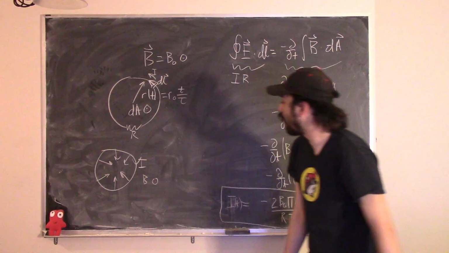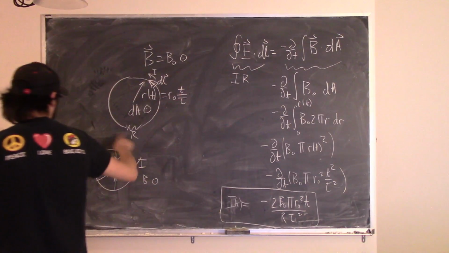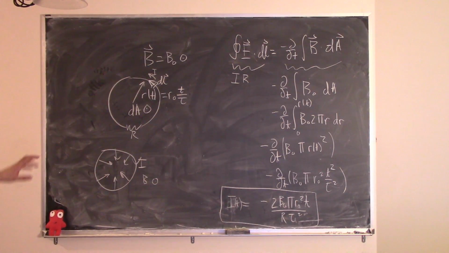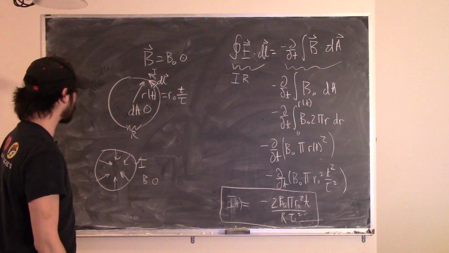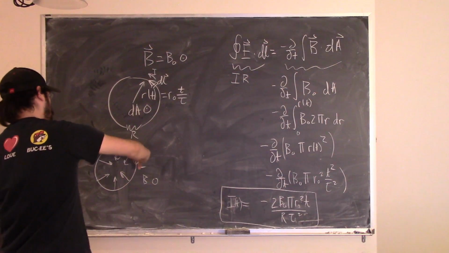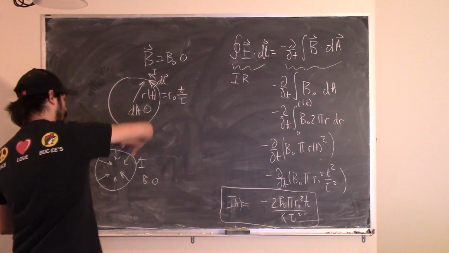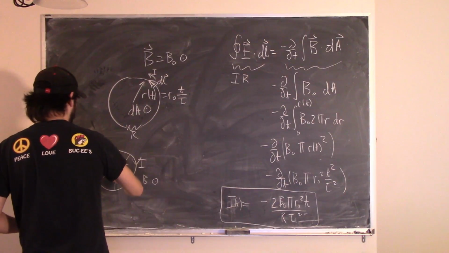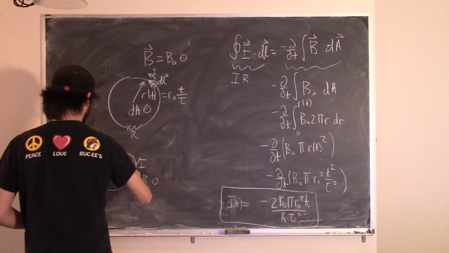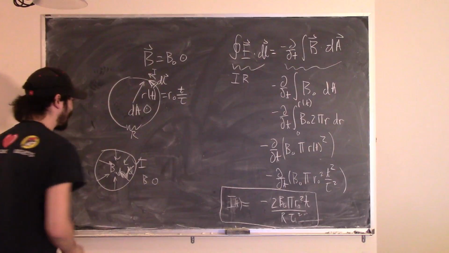We can look at this the other way as well. So we can think about what the direction of the current is going around here and what the direction of the induced magnetic field is going to be. So if the current goes in this direction, thumb in the direction of the current, curl in the direction of the magnetic field, that tells me that the induced magnetic field, B induced, is going to be pointing in.